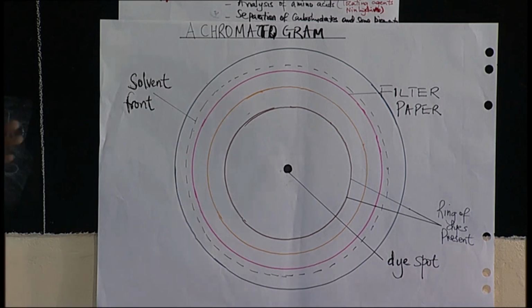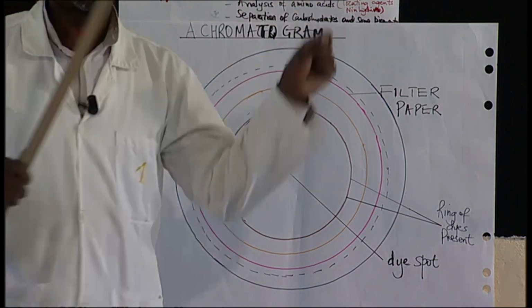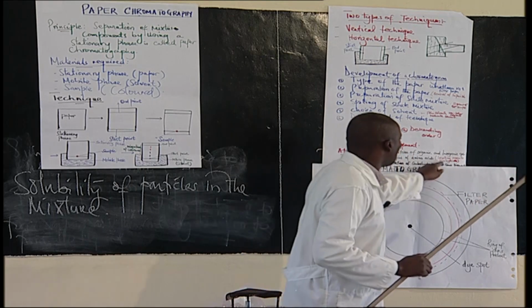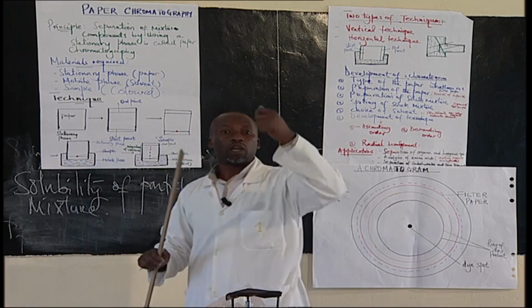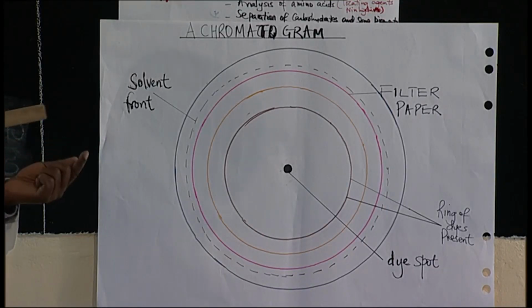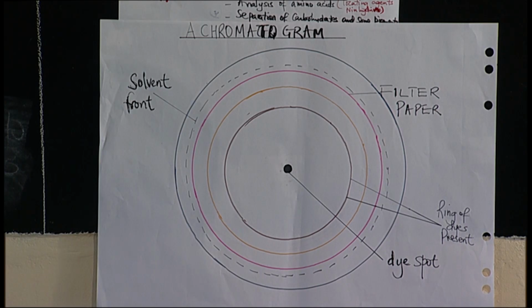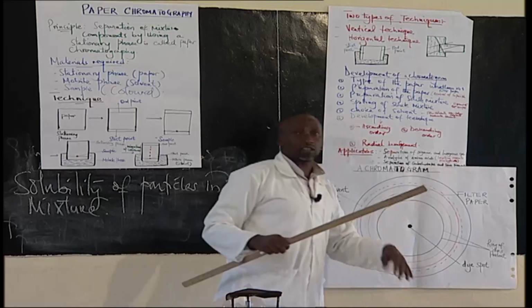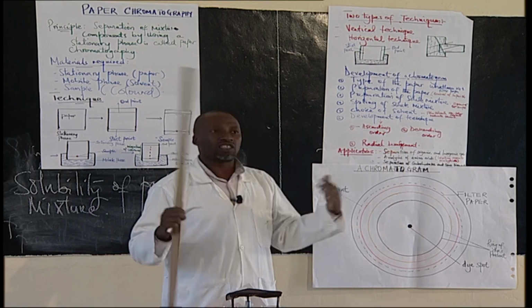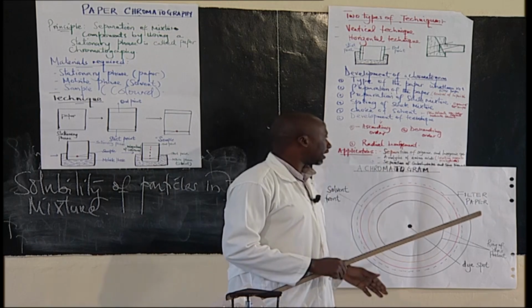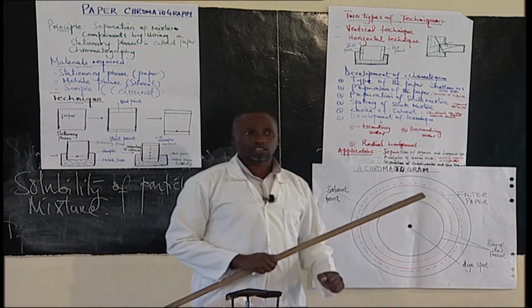Amino acids are colorless substances, so we need what we call a locating agent. The locating agent in this case will be ninhydrin, so it will turn the amino acids into colored substances, and so that they can be easily separated. Separation of carbohydrates and some pigments, colored materials. The chlorophyll within the leaves, the colors within the flowers can also be separated by this paper chromatography.